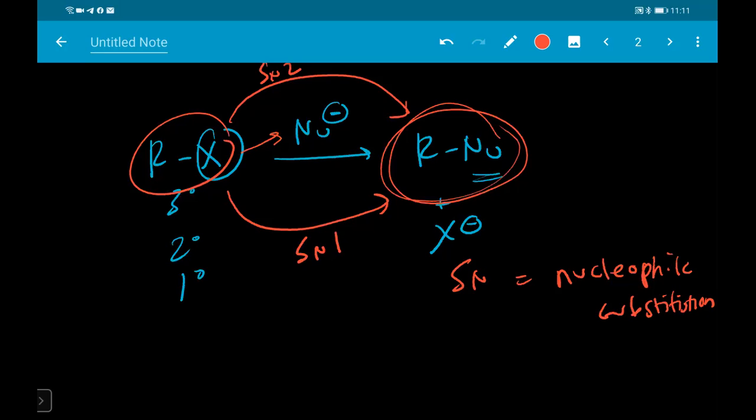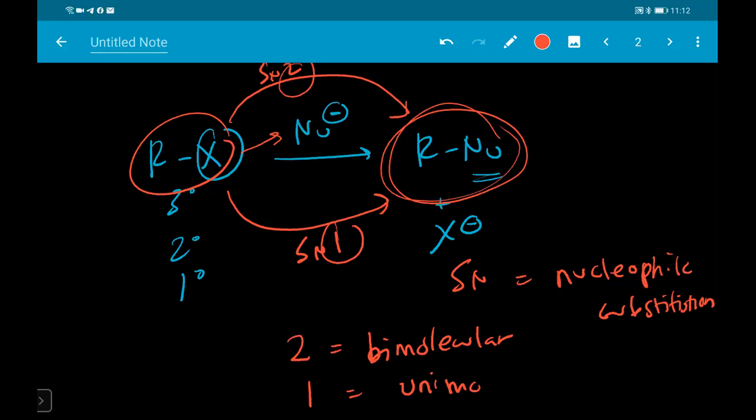Yang 2 adalah bimolecular, yang 1 adalah unimolecular. So again, I would like to highlight that we are focusing on the substitution reaction.